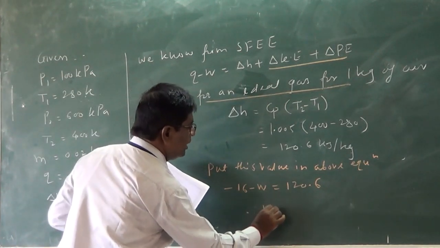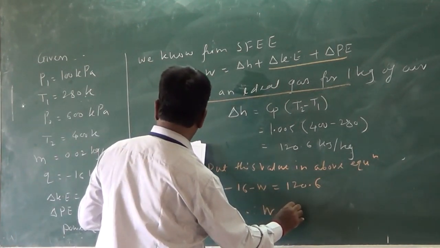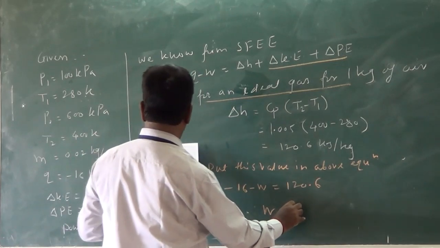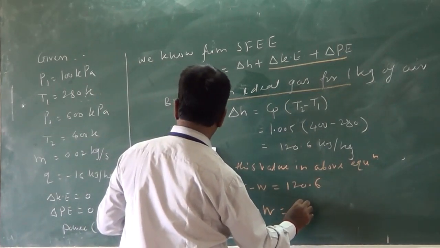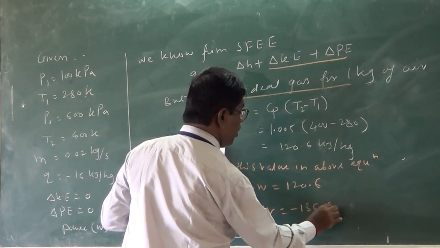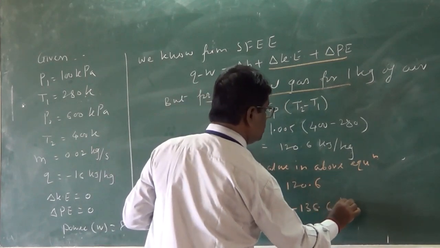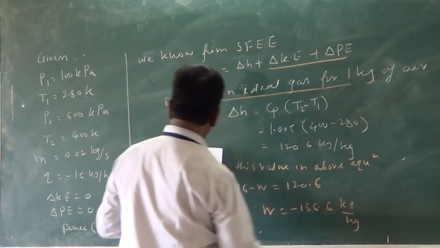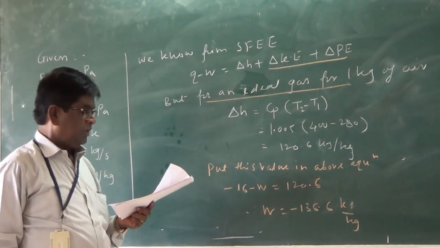Therefore W is equal to minus 136.6 kilojoules per kg. So this is the W.